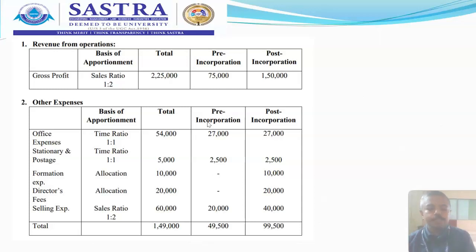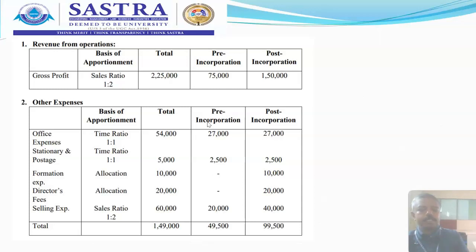Now we sum up the amounts for pre-incorporation: office expenses 27,000, stationery and postage 2,500, formation expenses nil, director's fees nil, and selling expenses 20,000.